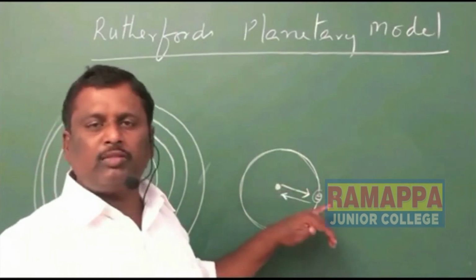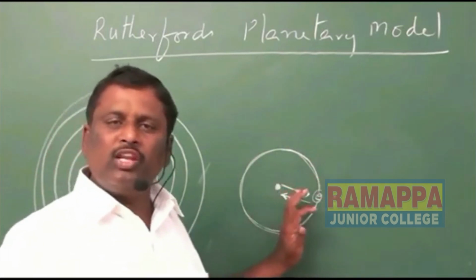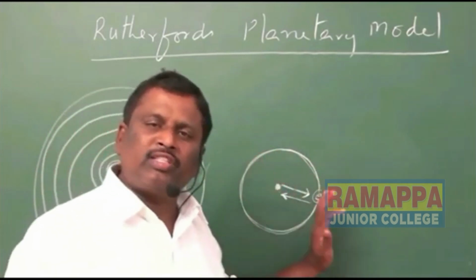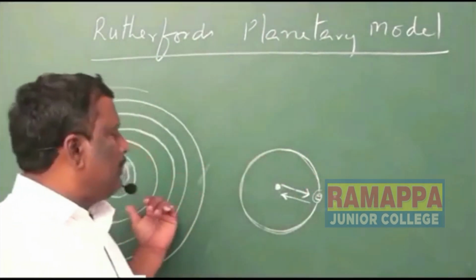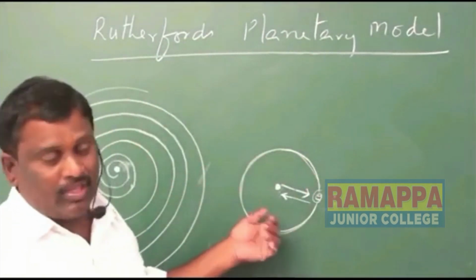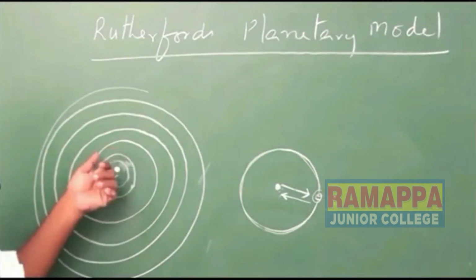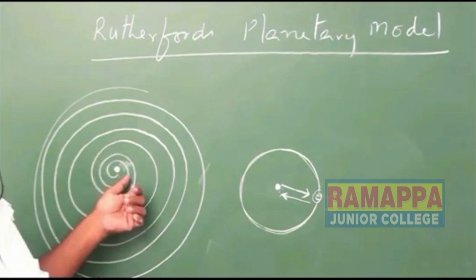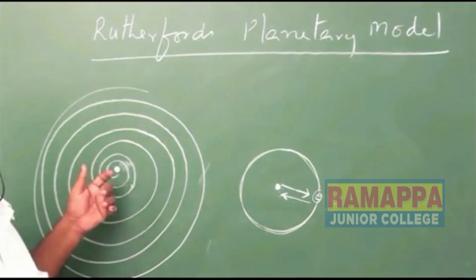So if a charged species is revolving around an oppositely charged species, it continuously loses energy. If it continuously loses energy, it should travel in a spiral path, not a circular path. If it travels in a spiral path, one day or other it should fall into the nucleus and the atom should decay, but it was not happening.